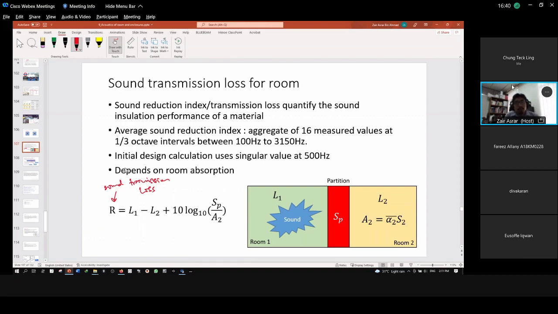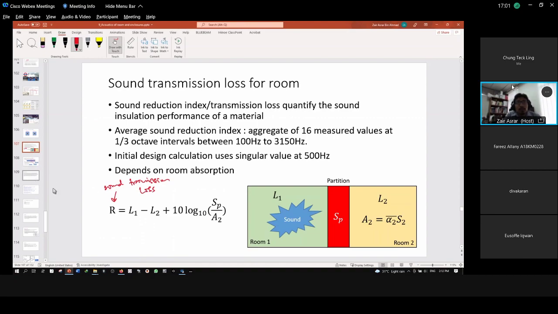That's also possible in some standards. In some initial calculations, we might just use one single value to simplify our life, for example 500 hertz. So at the end of the day, it depends on the standards of measurement that we are following.